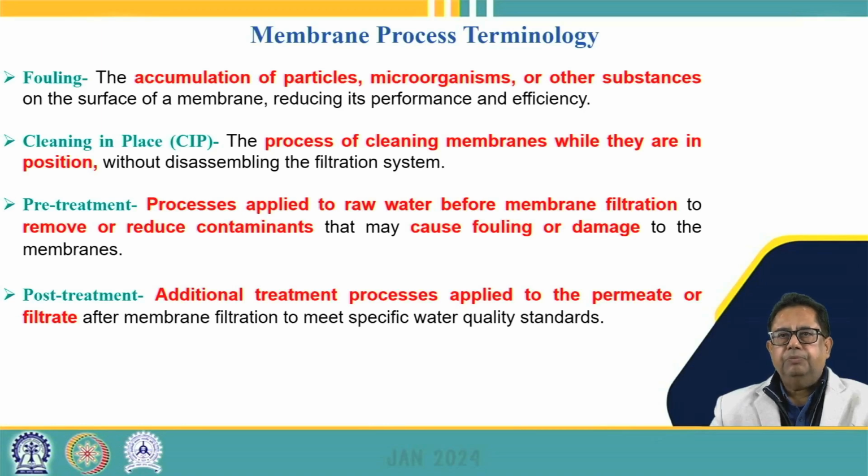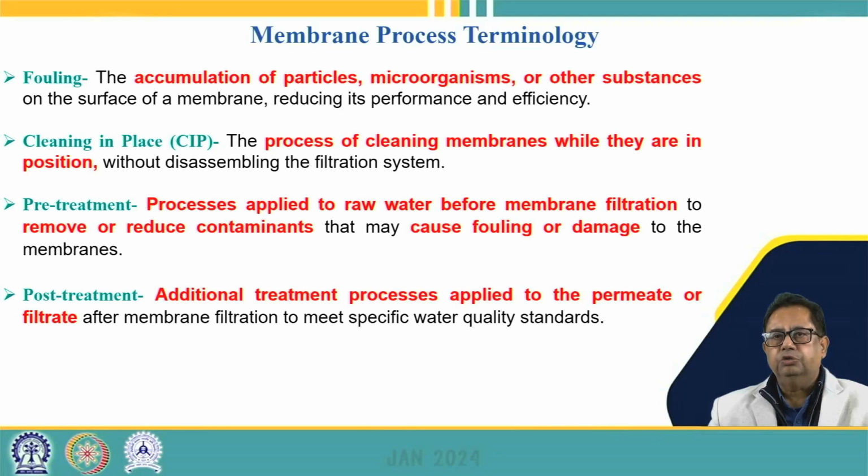So the membrane process terminology also involves fouling. Fouling means the accumulation of particles, microorganisms, or organic substances present in the water or wastewater on the surface of the membrane. This fouling reduces the performance and efficiency of the membrane, because these accumulations clog the pores through which the water is passing.